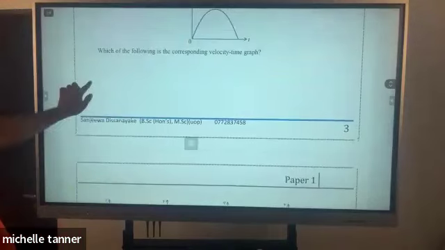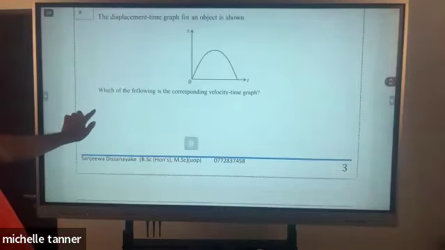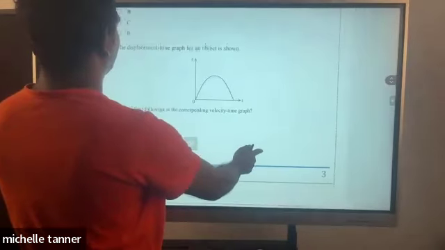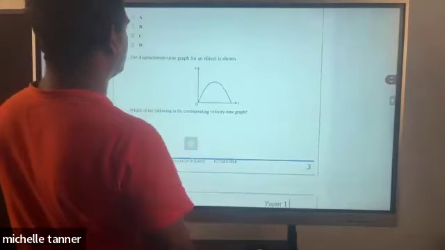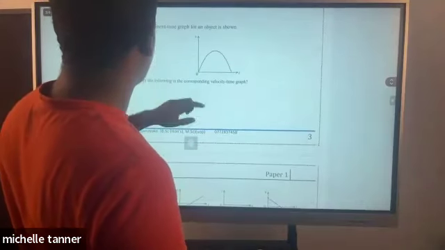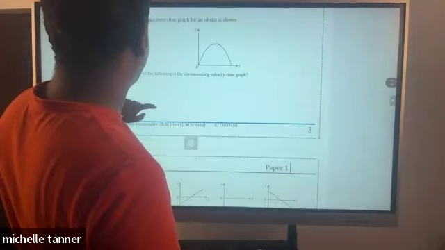Now, in this question, the displacement time graph of an object is shown. Which of the following is the corresponding velocity time graph?